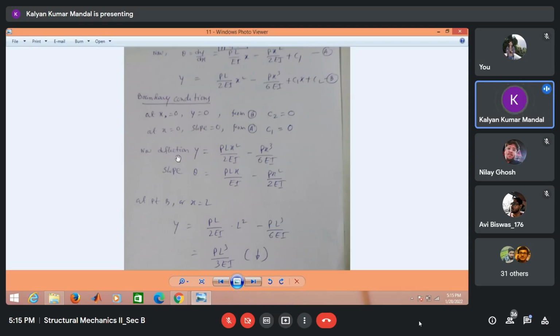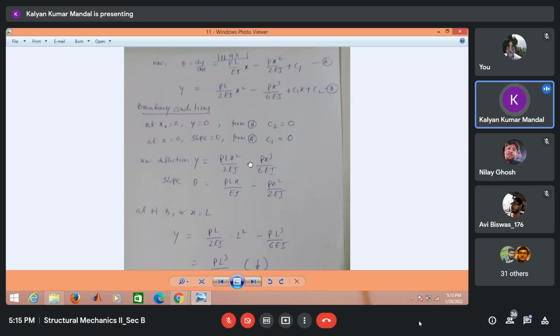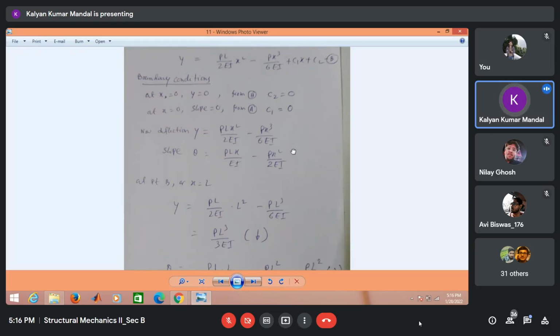Okay, now for the expression for the deflection, just put C1 and C2 equal to 0 in equation B. We get y is equal to PL x squared divided by 2EI minus Px cubed divided by 6EI. Similarly, put C1 equal to 0 in equation A, and we get the expression for the slope: PLx divided by EI minus Px squared divided by 2EI.